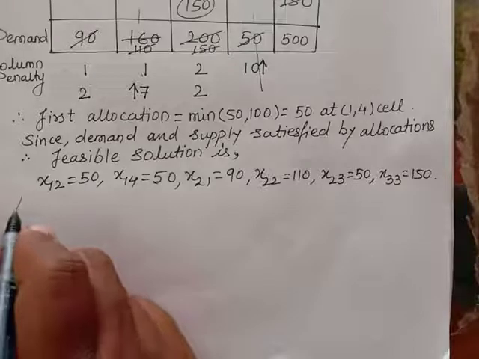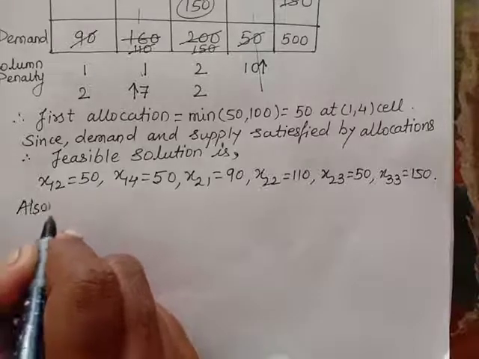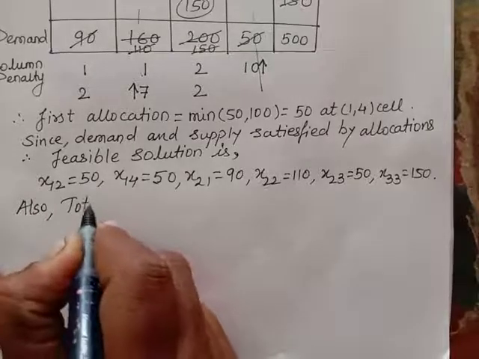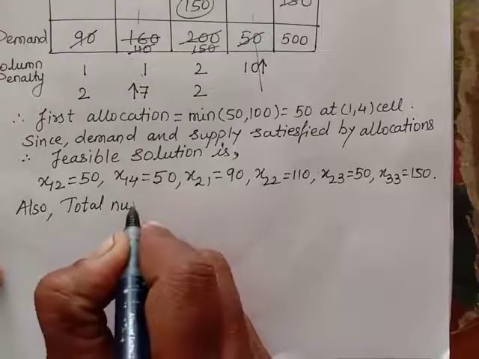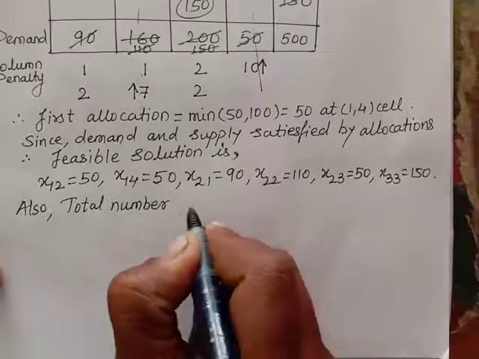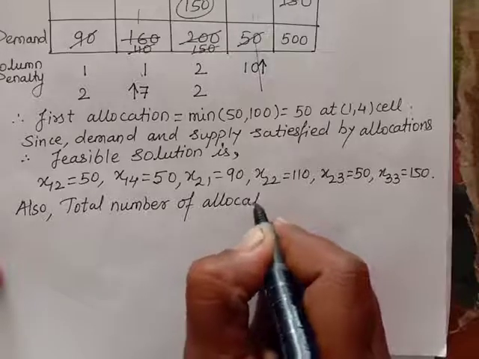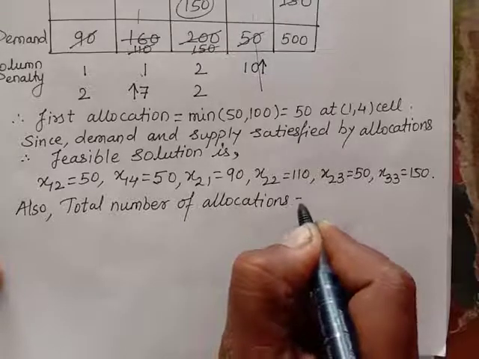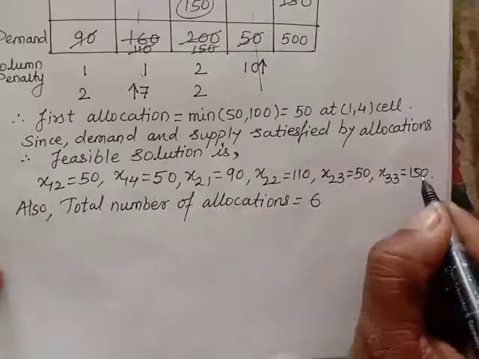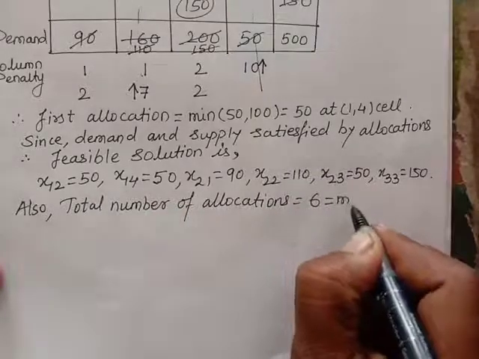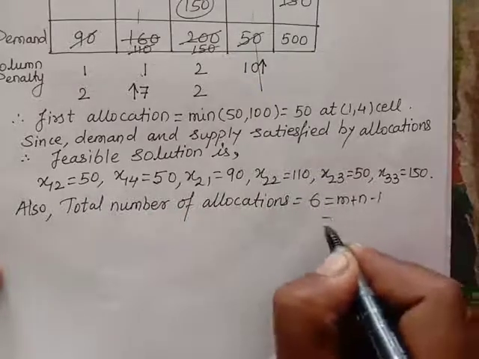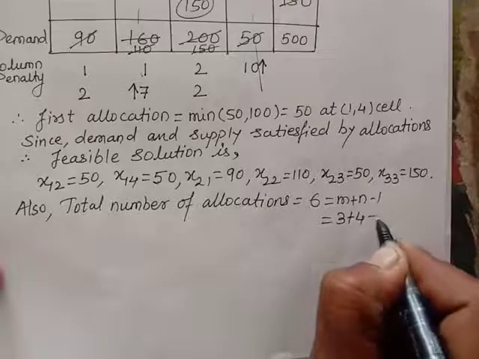Therefore, also, the total number of allocations is equal to what? 6. These are 6. That is equal to m plus n minus 1, that is equal to 3 plus 4 minus 1.